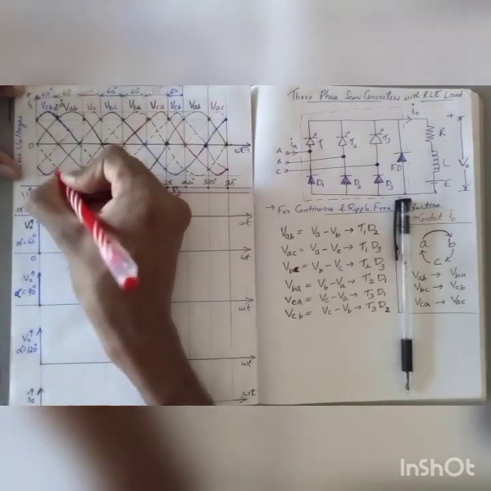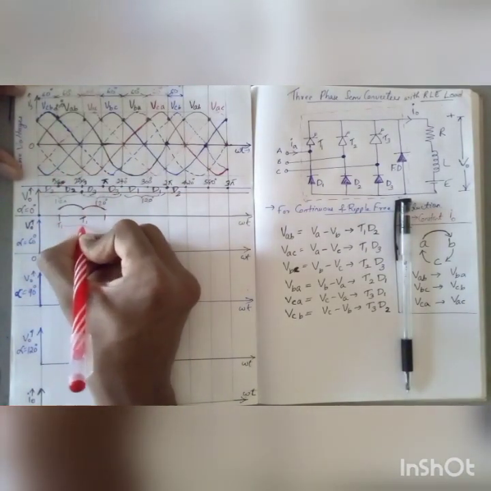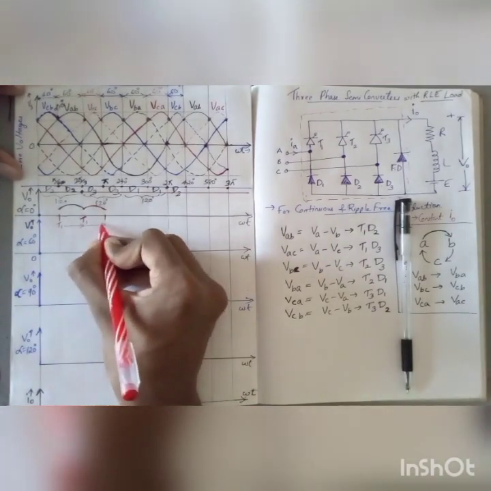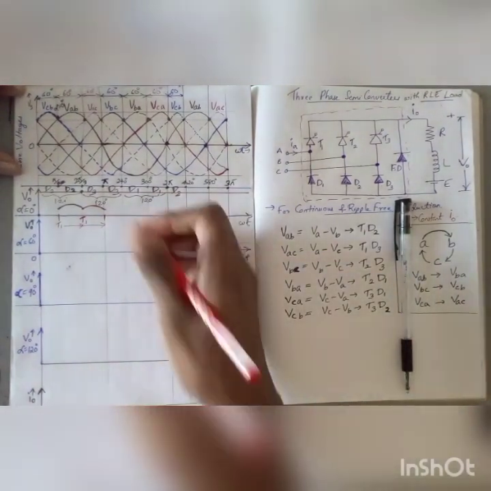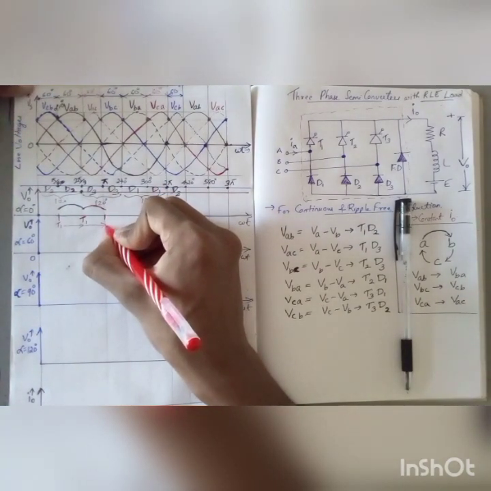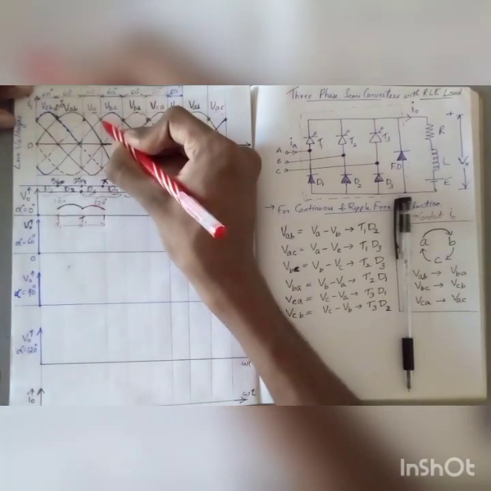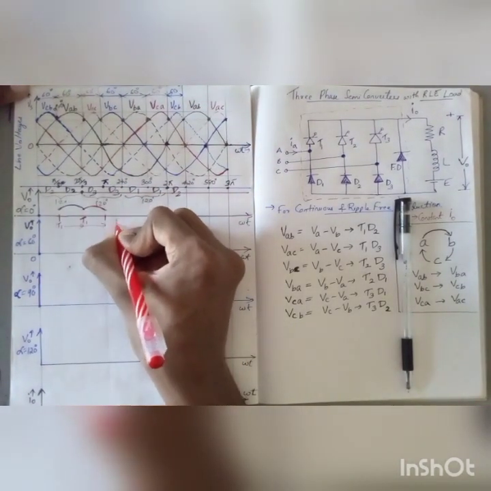Up to 180 degree T1 is conducting, and at omega t equal to 180 degrees, since alpha is equal to 0, when VBC has become greater than other voltages, my T2 is triggered.